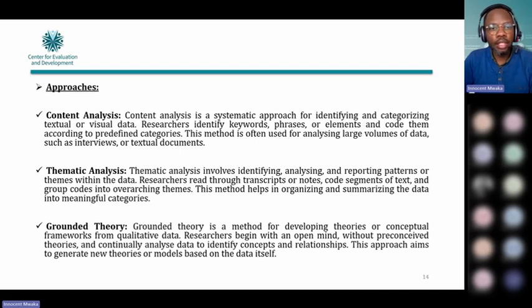Maybe you're identifying keywords, like, again, I'm going to use the example of gender. It can be many other things depending on the evaluation itself, and then putting the codes together and trying to understand the content, what is coming out of that.